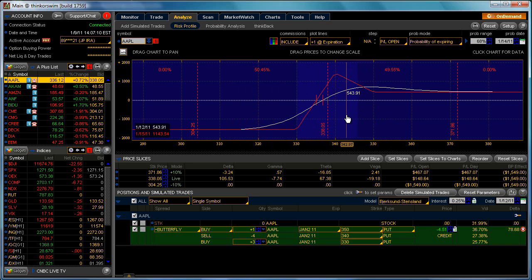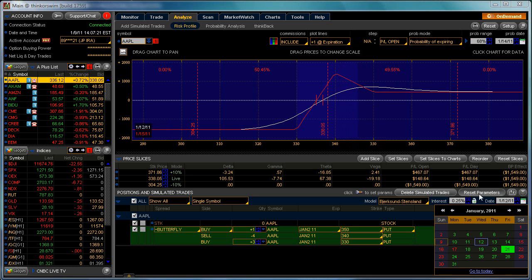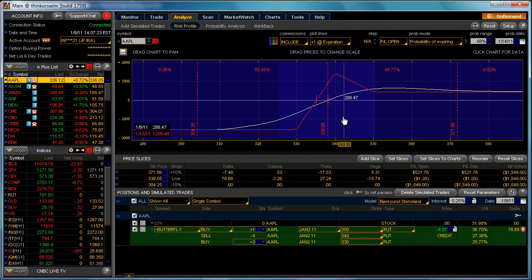Now what I've noticed, and what actually happened to me last week, was this particular at-the-moment risk line. Let me move this back down. I want to move this back to today. The white line actually bumped itself up around here last week, and when I saw that, I thought, well, I'm getting out. What did I have last week?